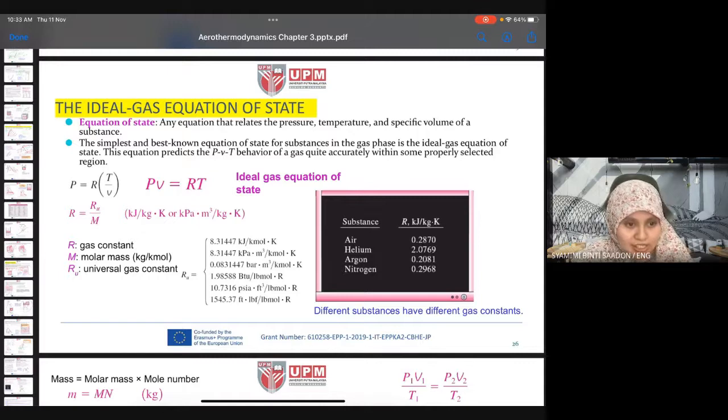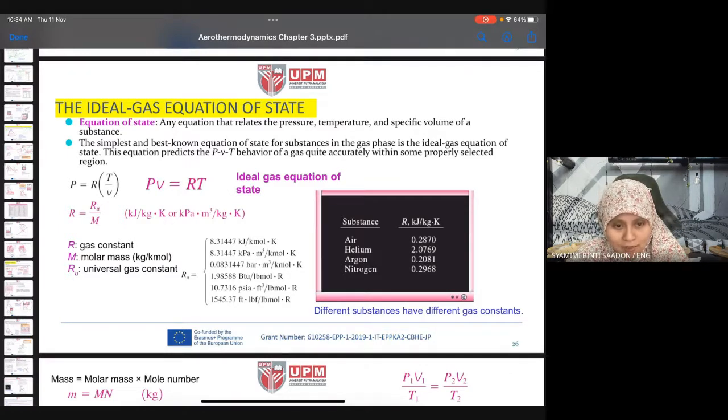This equation of state of ideal gas links the volume, pressure, and temperature, and another parameter called the gas constant, or sometimes the universal gas constant, R_U. But usually we will use the first one, gas constant R, because it is in joule or kilojoule per kilogram per Kelvin. It is in SI units. This equation of state is very simple: Pv equals RT, with v the specific volume, in terms of mass.